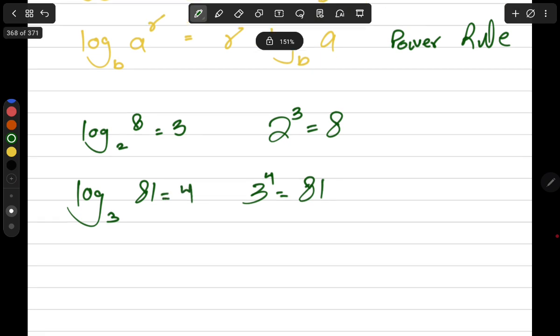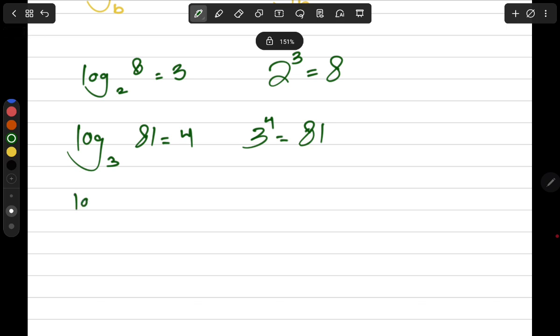Very easy. I will be doing 5 examples here. This is first, this is second, this is third, and we are going to extract 2 results out of them. If I write down log 1000 base 10, or if I just write down log 1000, that should tell you that this means log 1000 base 10. If there is nothing written as the base, then you must understand that the base is 10.